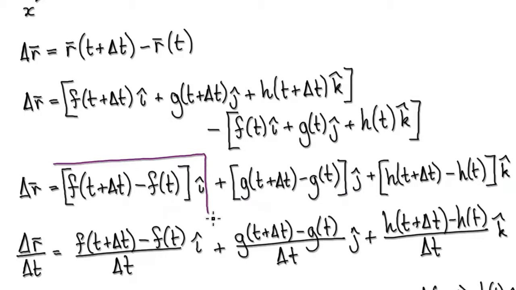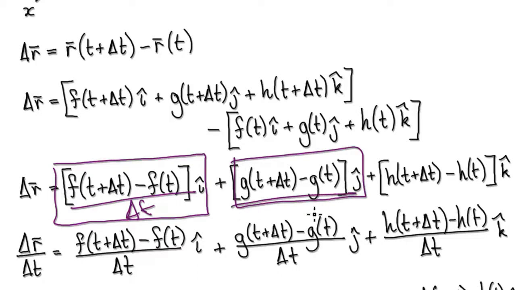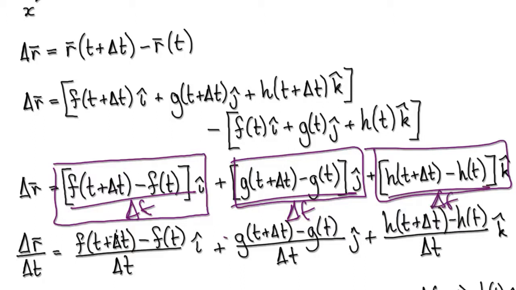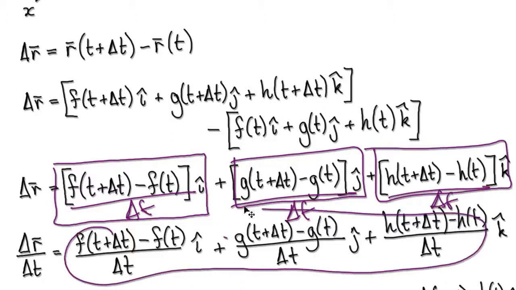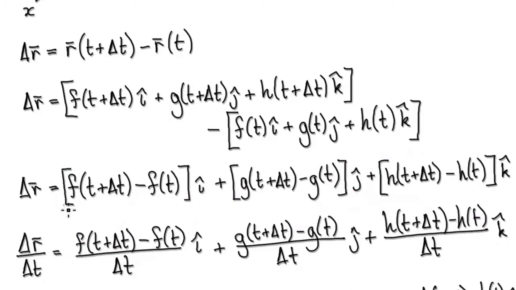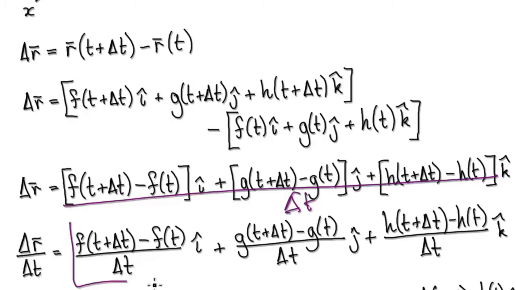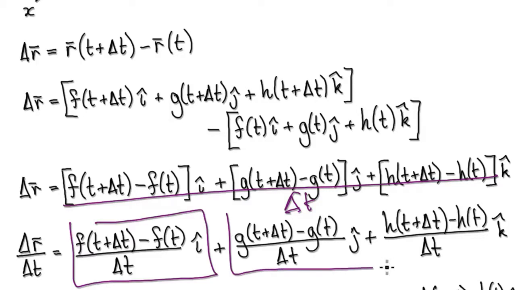So looking at it in the x direction, divided by delta t, then in the y direction, delta t, and then in the z direction, delta t. The point here is that if you divide the whole lot by delta t, you can look at each component individually. So let's look at it in the x direction, y direction, and z direction.